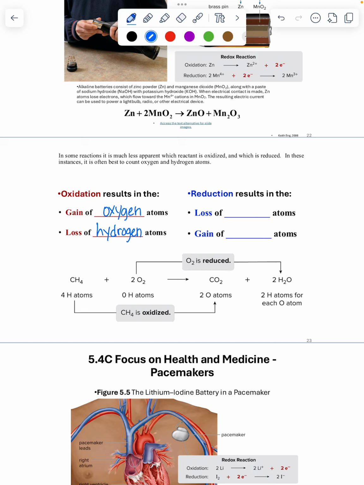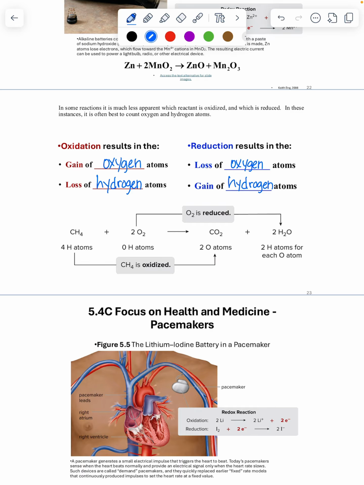So instead of looking at changes in the charges, you see we have a combustion reaction. In this type of reaction, it's easier to focus on the gain and loss of oxygen and hydrogen atoms. We see that CH4 turned into CO2. We know that CH4 was oxidized because we had a loss of hydrogen atoms.